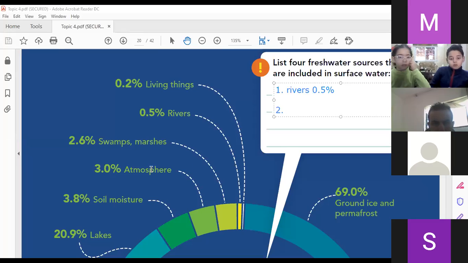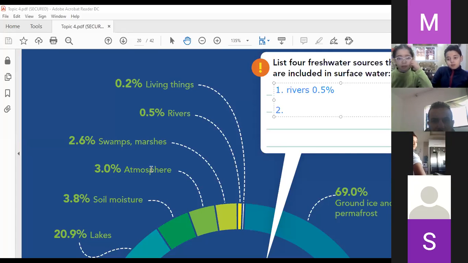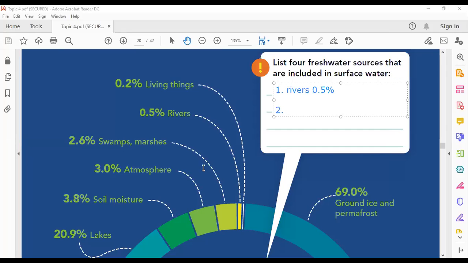Ponds are not written here. Swamps, excellent. Thank you. Swamps and marshes make up how much? 2.6%.